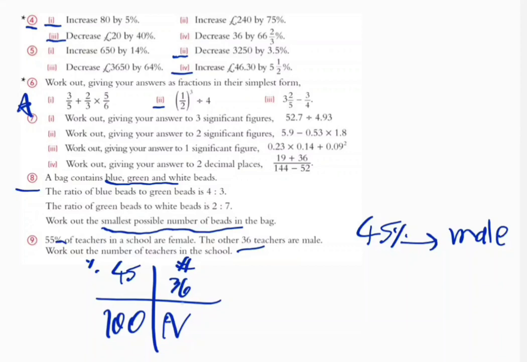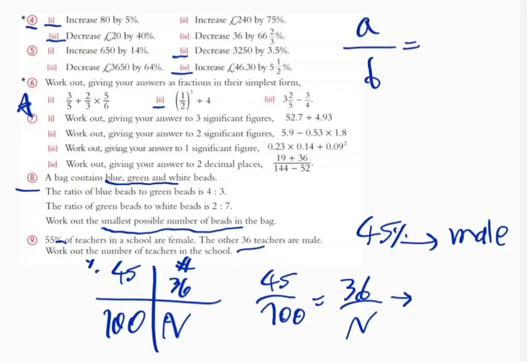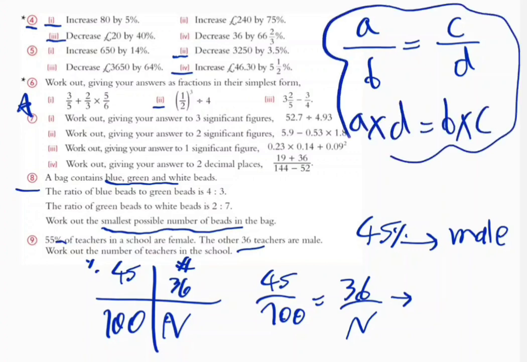So now we can work this out, which is like a simple ratio. This can be written as 45 over 100 is equal to 36 over n. And one way of doing that is using this fact. A over B is equal to C over D. Whenever you have two equal fractions, that just means that A times D is always equal to B times C. So that's a fact.